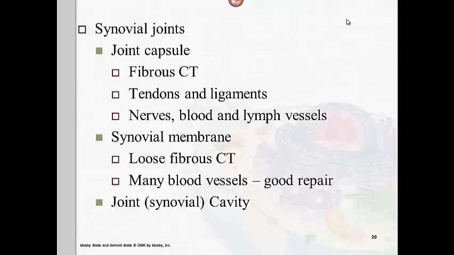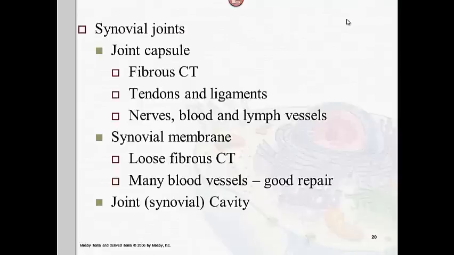Types of synovial joints. You have the fibrous capsule, the tendons and ligaments in the capsule, along with the nerves, blood, and lymph vessels. The capsule is a connective tissue that covers the ends of the bone where they meet in the joint.